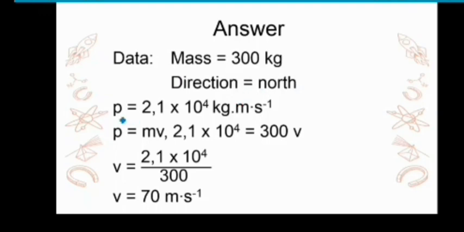Our momentum is given as 2.1 times 10 to the 4 kilogram meters per second. We substitute into our momentum expression, momentum equals mass times velocity. We make velocity the subject of the formula, and then our answer is 70 meters per second.